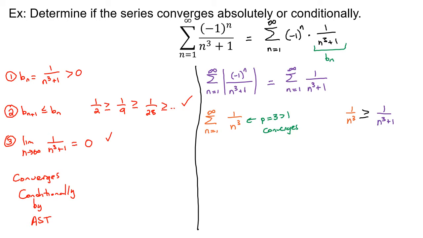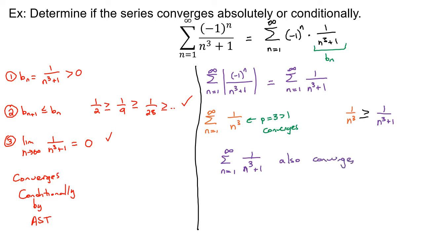So since the 1 over n cubed converges and it's bigger, then I know that our series, n equals 1 to infinity of 1 over n cubed plus 1, also converges.